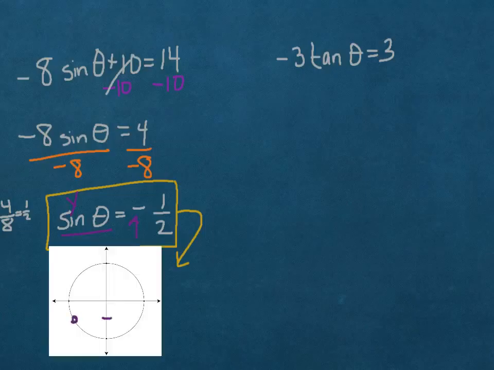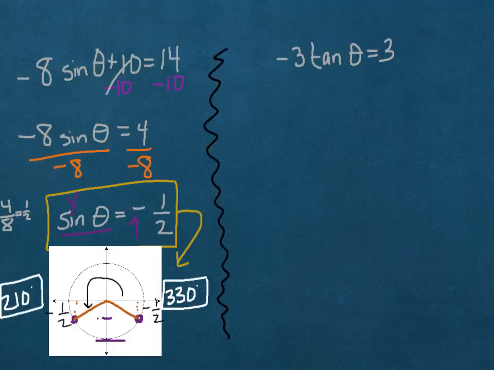I think it's in those two spots. I went down one whole, but that would be a half right there. So I'm going over to those points on the unit circle. So what's the angle measure there, and what's the angle measure there? There's the answer to the first one, those two solutions.